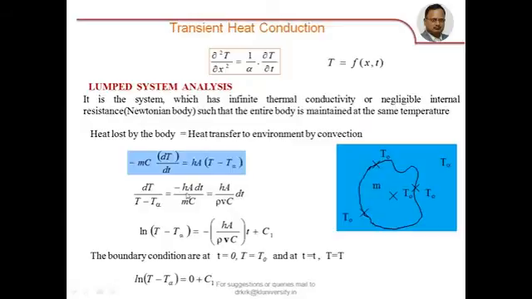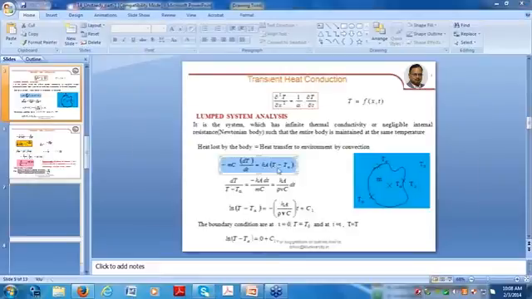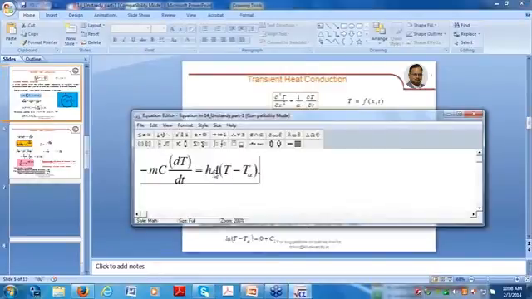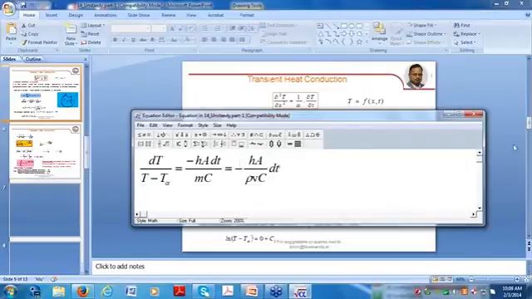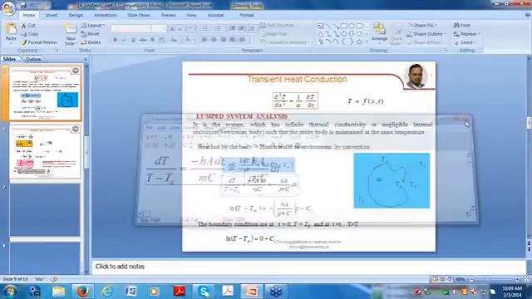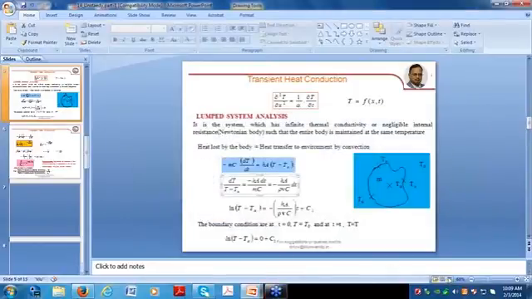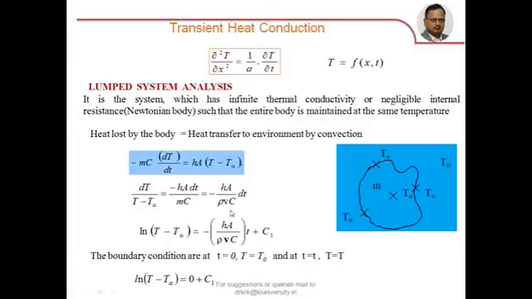So this is equal to, minus sign is here, log (T minus T alpha) equal to minus hA by rho V C integral dt is t, plus we have to introduce a constant C1.